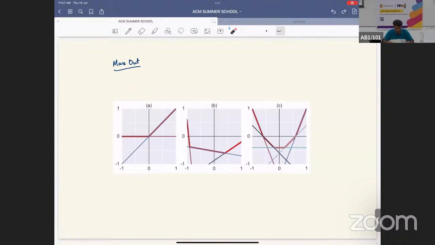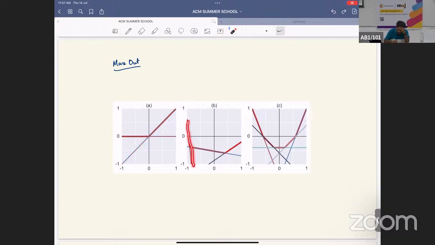So what you are doing is you are trying to build a non-linear activation function using several linear activation functions. Right? If you see it clearly, let's take this example.